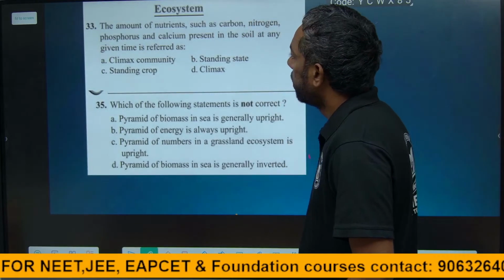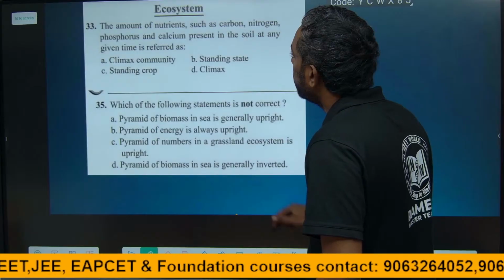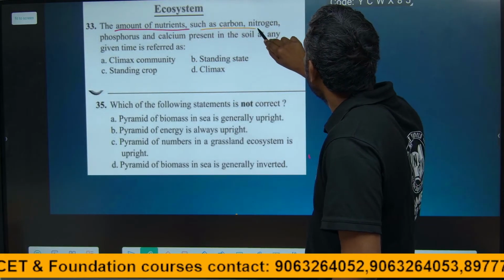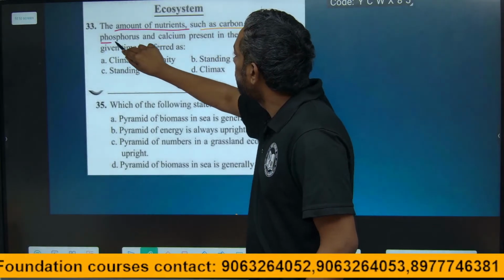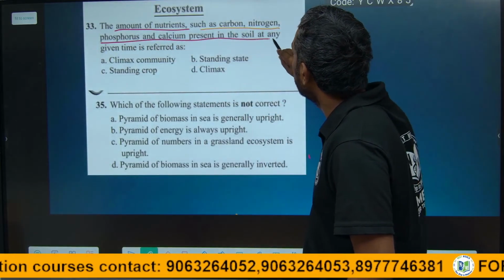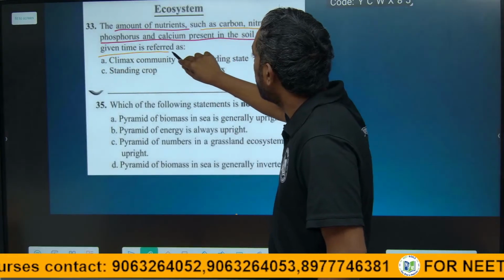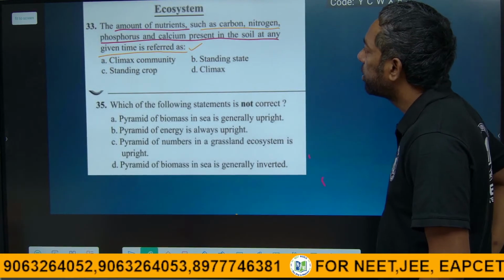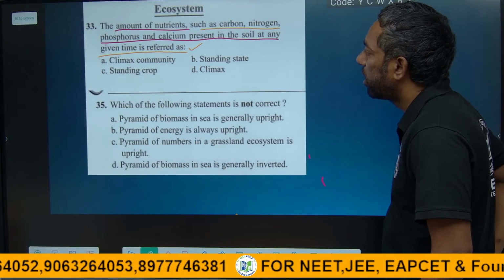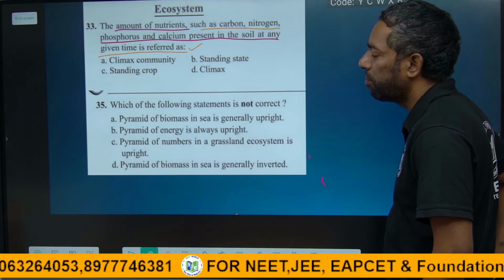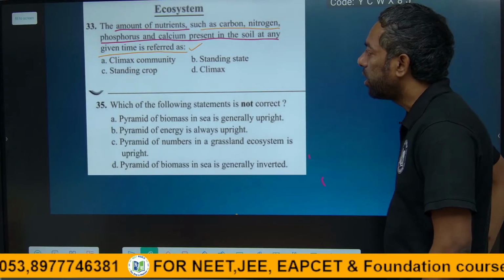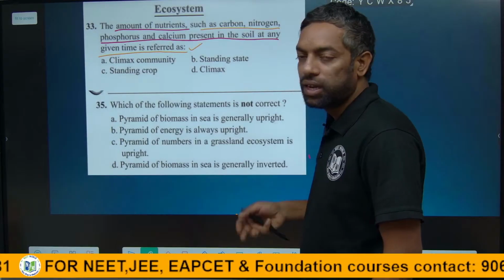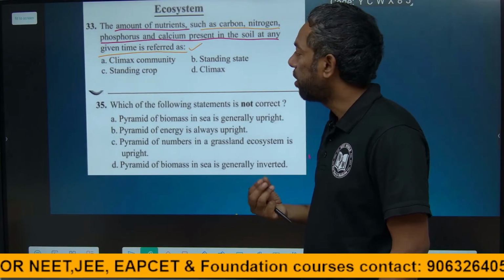Which amount of nutrients such as carbon, nitrogen, phosphorus and calcium is present in the soil at any given time is referred to as? Climax community, no, climax community describes other things, like a new species evolving.